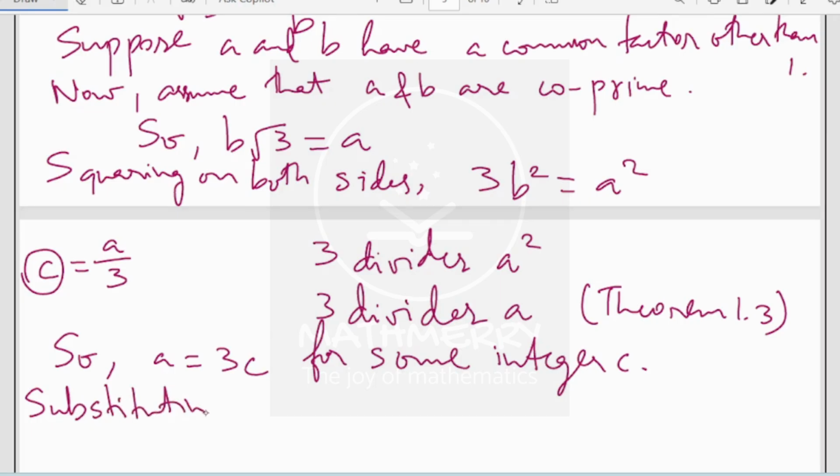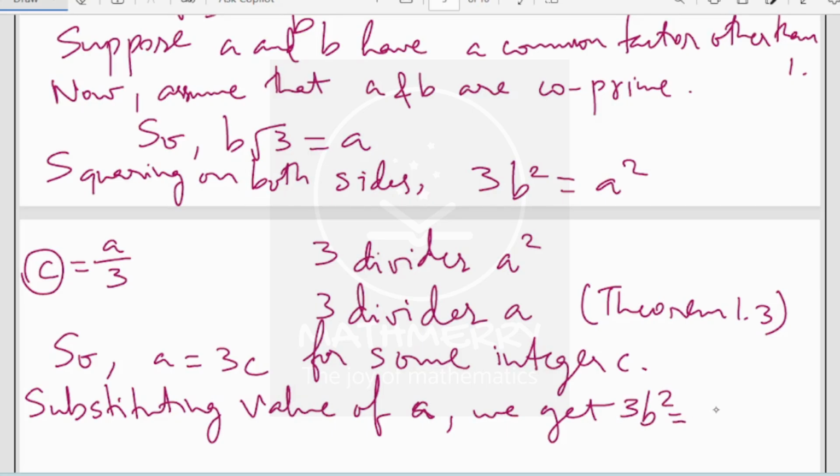Now we are substituting the value of A. In the place of A we have to substitute 3C. So 3B square is equal to 3C the whole square.